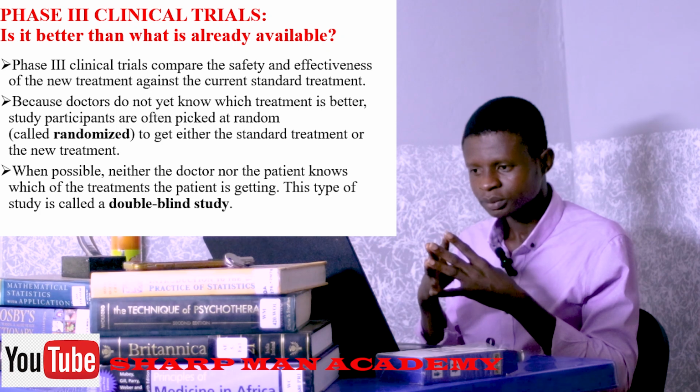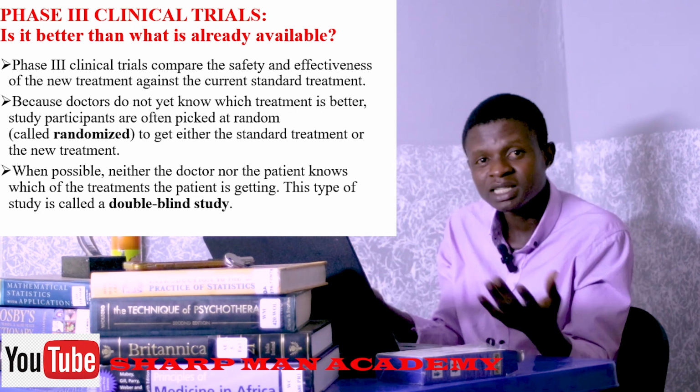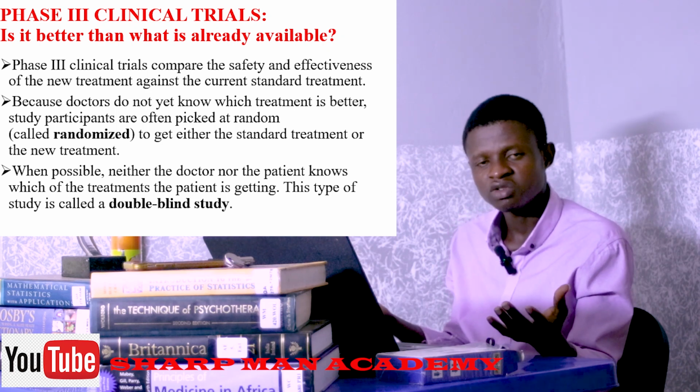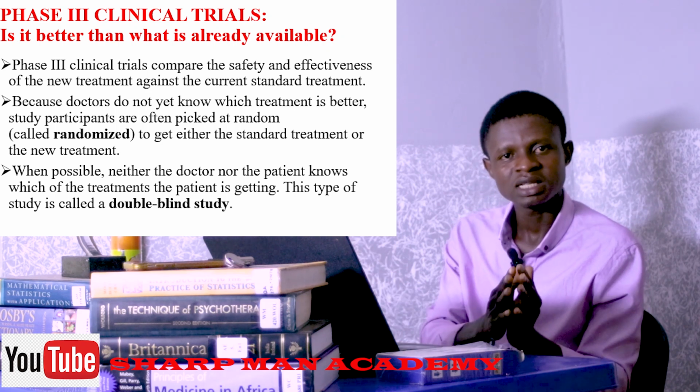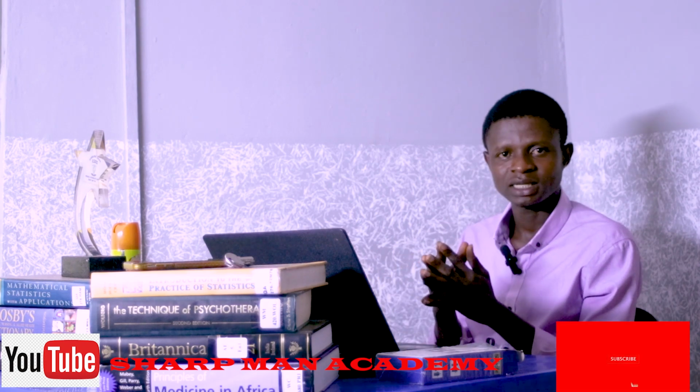And then sometimes, neither the researchers nor the doctors know the difference between the treatments. We don't know if this is the new treatment or whether those in group B are on the existing or standard treatment. That is what we call blinding. If the participants and the researchers don't know what treatment is being given, we call it double blinding.